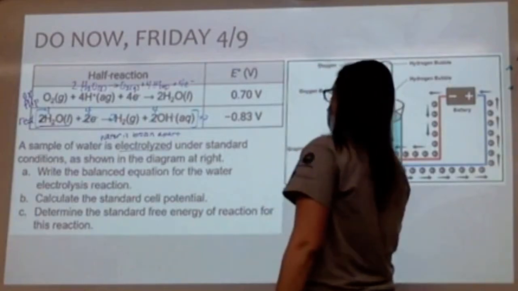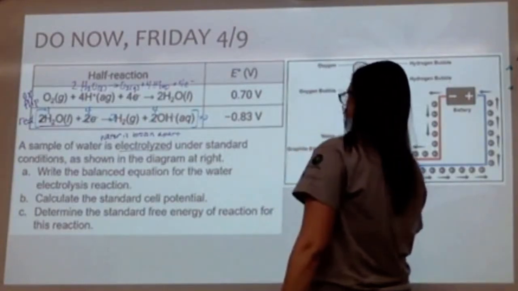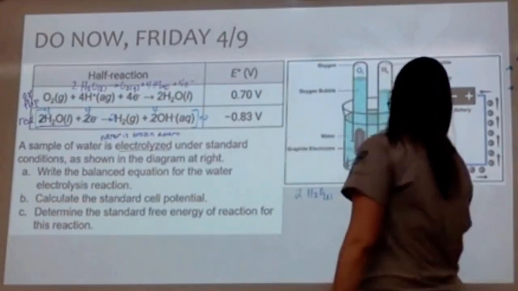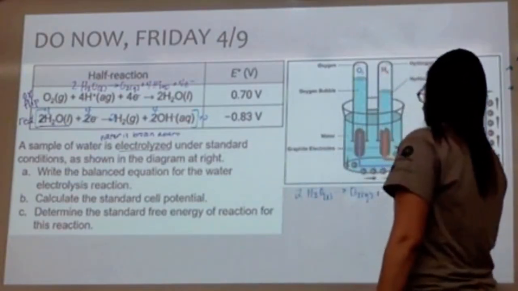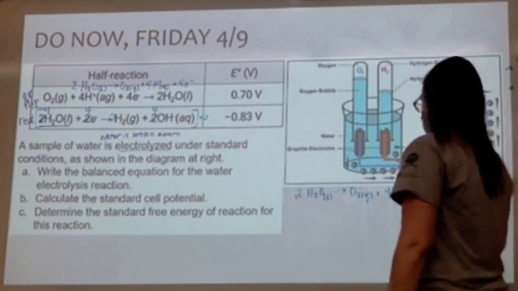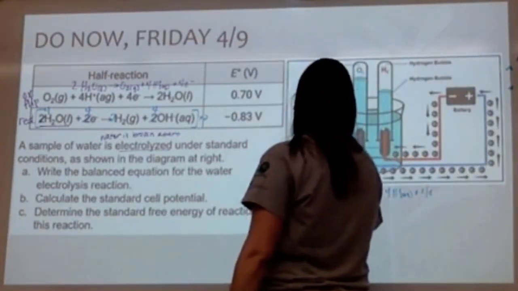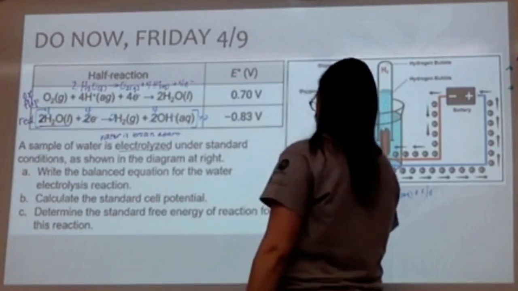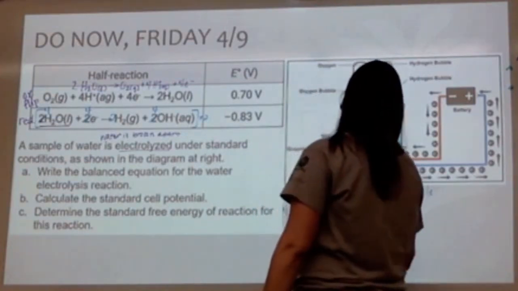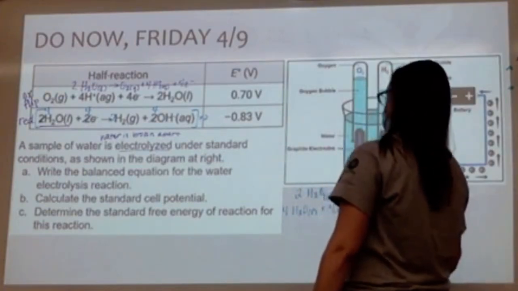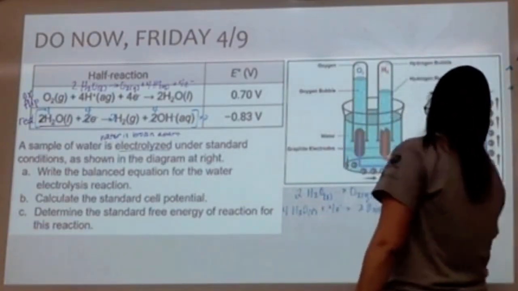So we have 2H2O yields O2 gas plus 4H+ plus 4 electrons. And then the second half reaction, we have 4H2O plus 4 electrons yields 2H2 gas plus 4 OH-.